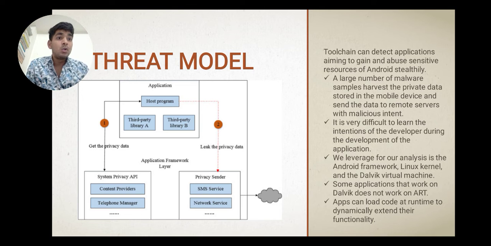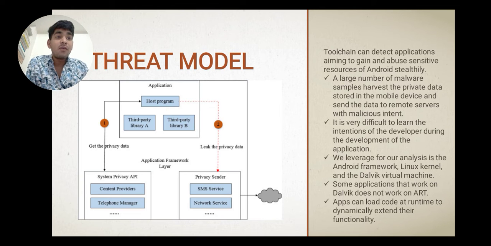The toolchain can detect applications aiming to gain and abuse sensitive resources of Android stealthily. A large number of malware samples harvest the private data stored in the mobile device and send the data to a remote server with malicious intent. It is very difficult to learn the intention of the developer during the development of the application.